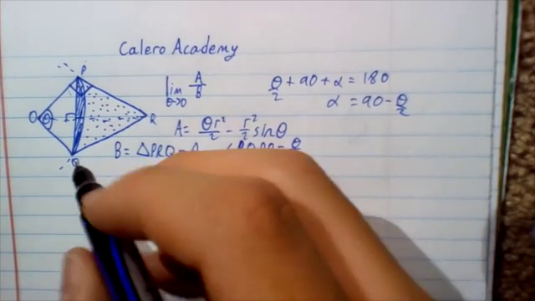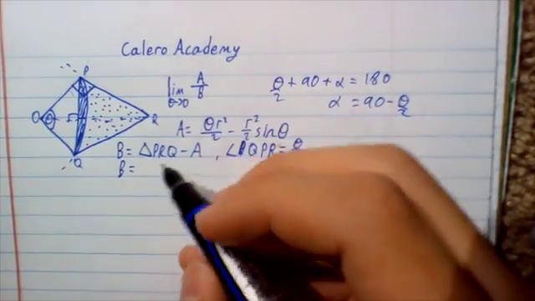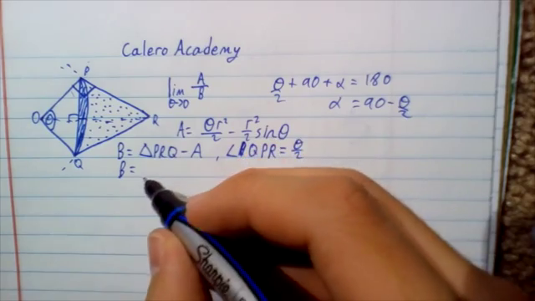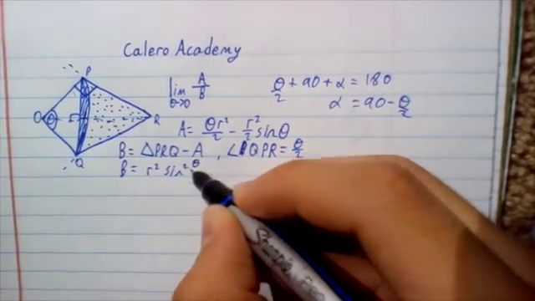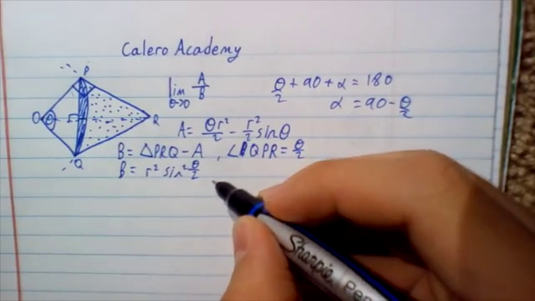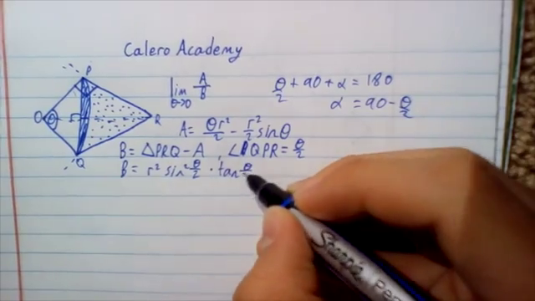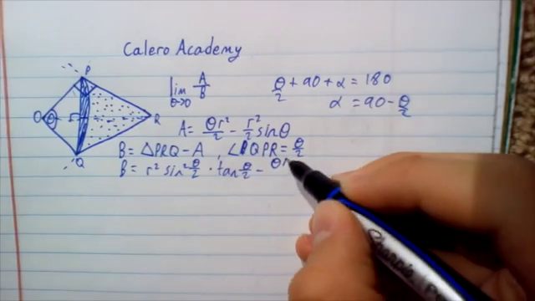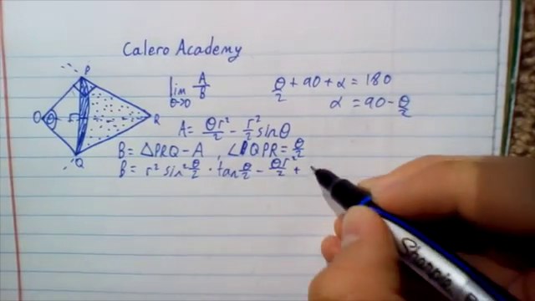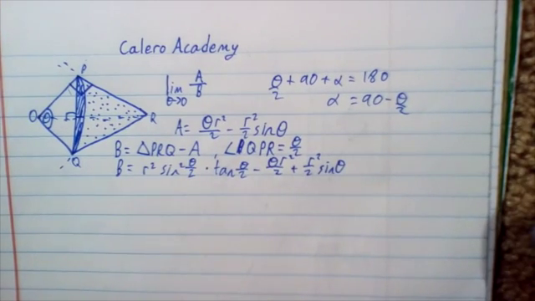And we can get our area very easily, and we'll find that B is equal to the area of that triangle, which turns out to be r squared times sine squared theta on 2 times tan of theta on 2 minus A, which is equal to minus theta r squared on 2 plus r squared on 2 sine theta, because of the minus sign. Okay, so we have this.